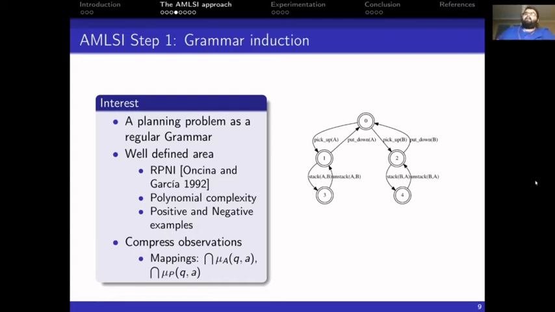This mapping says that in node 0, for instance, before the execution of the action pickup of A, for example, I always see this proposition at true and always see this proposition at false, etc.